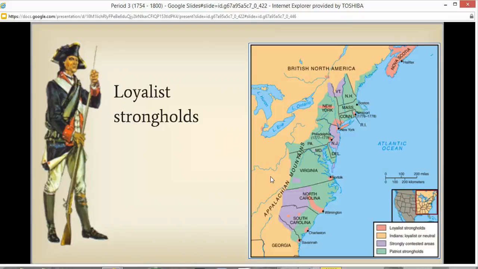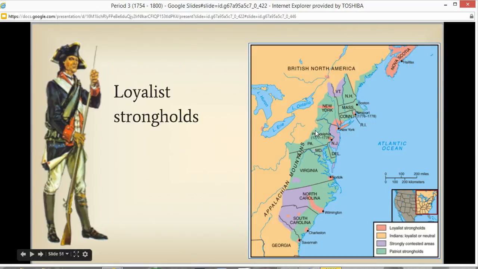Also, during this time, you'll see a lot of slaves decide that they're going to take a side in this war, and they are going to side and be spies for Great Britain, and they are promised freedom if Great Britain wins this war. And if you notice, up at the top of the map, Nova Scotia, that's a loyalist stronghold.